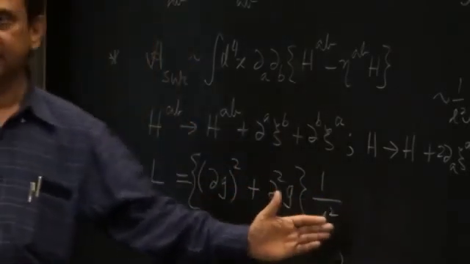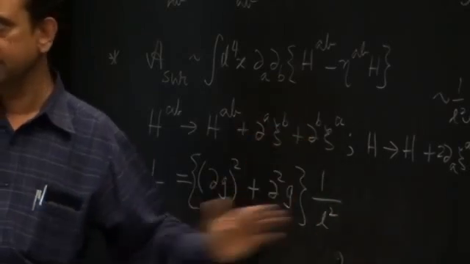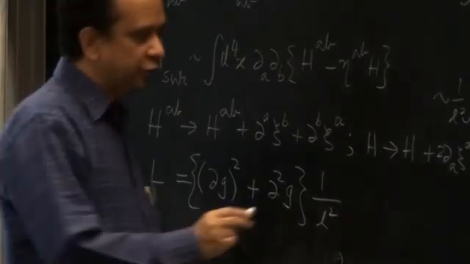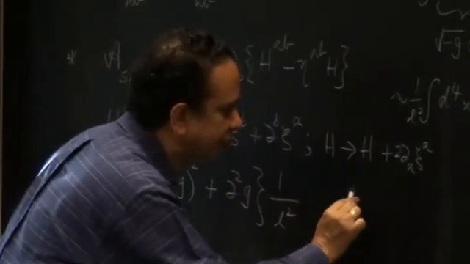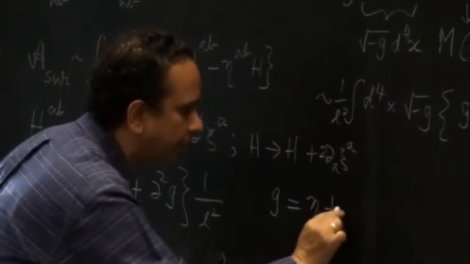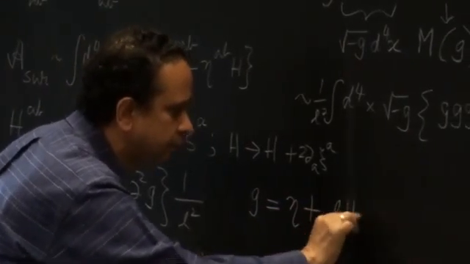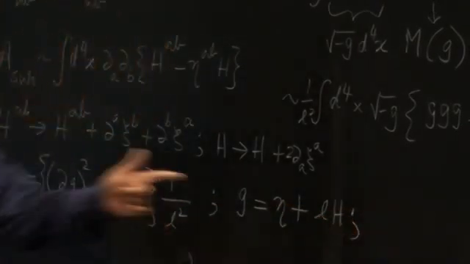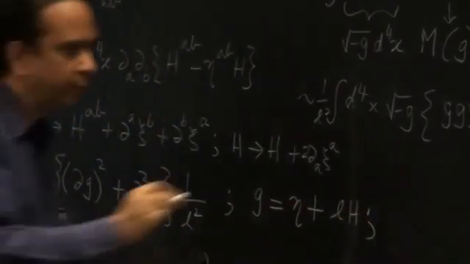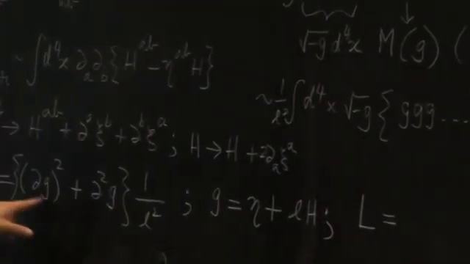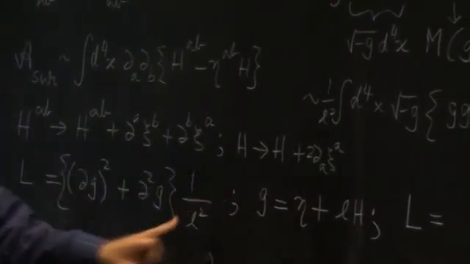It is 1 upon 16 pi G, and G h cross upon c cubed is going to give you the Planck length square. Now what you are going to do is to say that g goes as eta plus LH, and you plug it into this. What happens? Here dg only picks up contribution from that. That L square will cancel this.